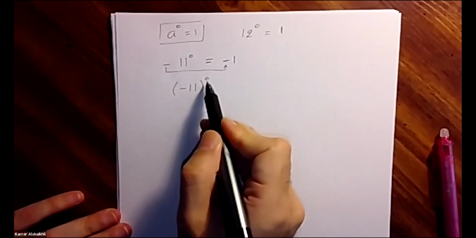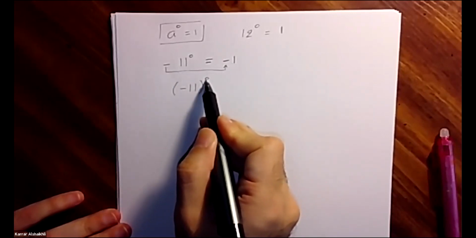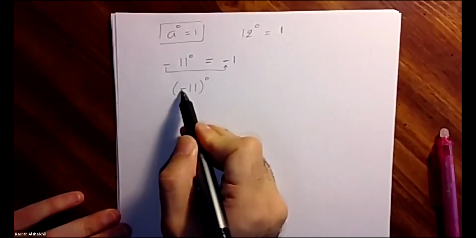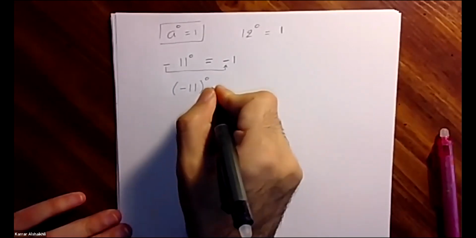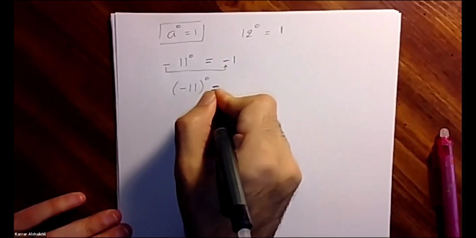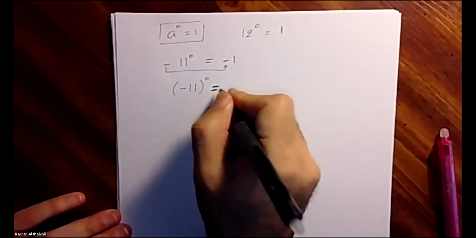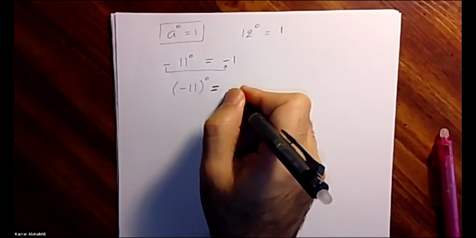What about this one? Check the exponent, the 0, applies to everything inside the parentheses. So how much is going to be the result? 1. Check the difference.